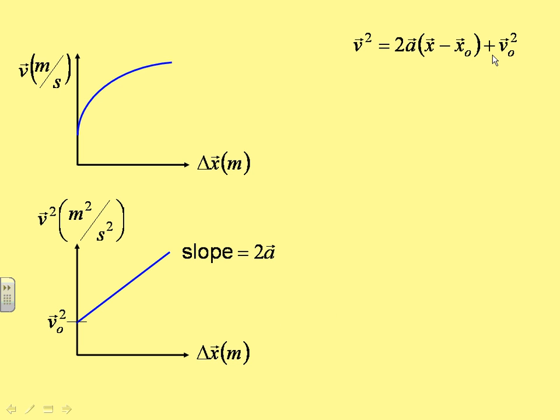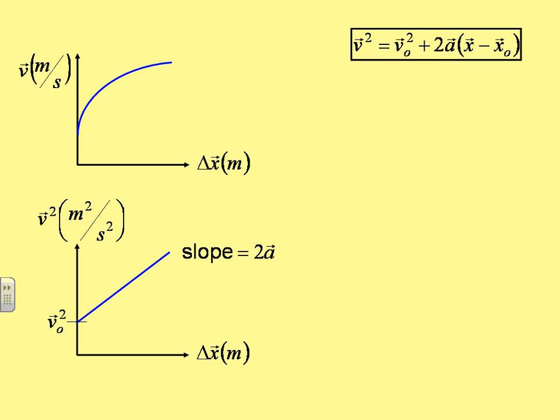Again, kind of like the very first equation, we can flip these around because addition is commutative to write it in the traditional way. So if we flip those around, there is our fourth equation. And notice it relates final velocity, initial velocity, acceleration, and displacement. It does not require the time in order to use this equation. So it's very handy. If time is one of the things that's hard to measure, you can still relate the other variables using this fourth equation.